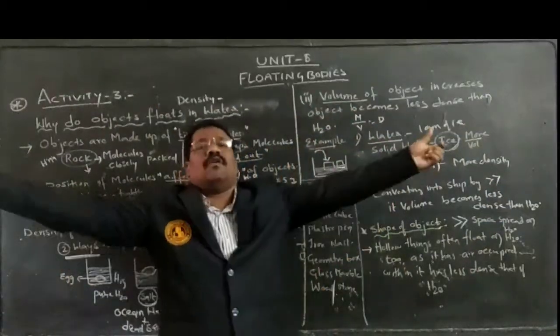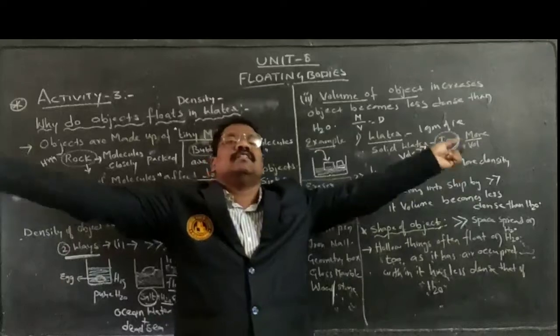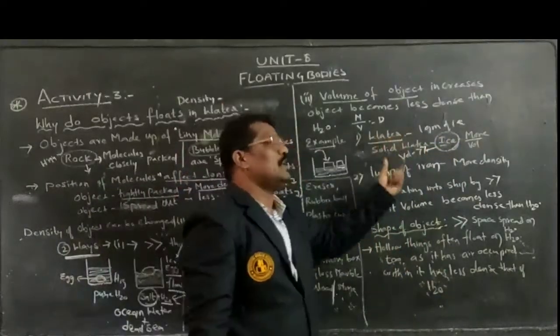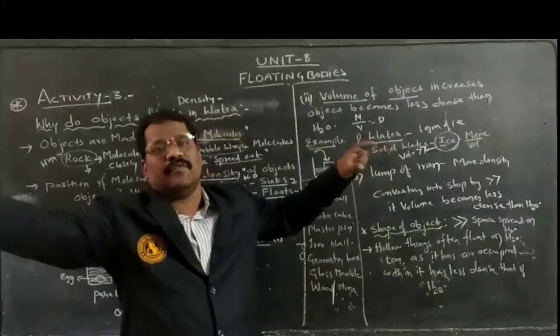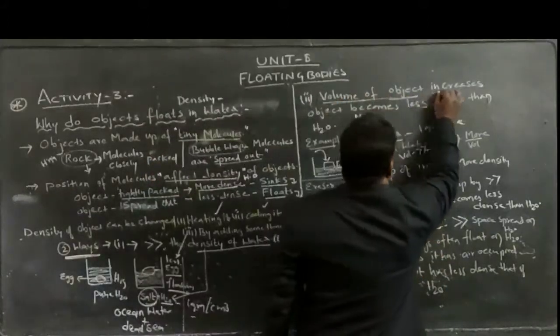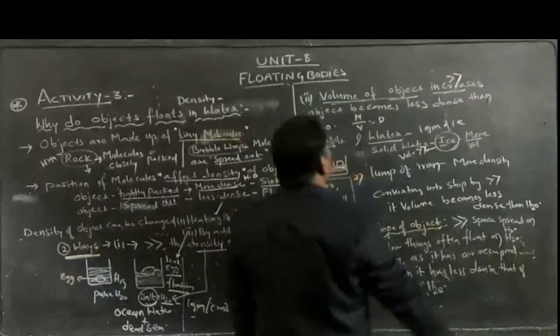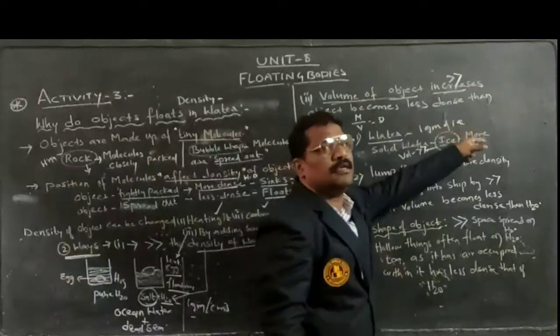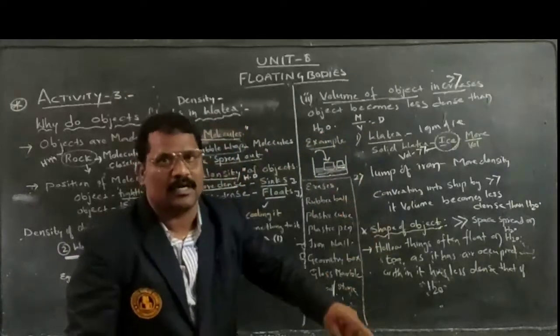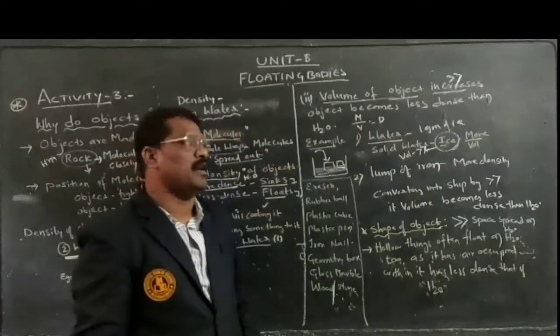As the volume of ice is gradually increasing compared to liquid water, ice floats on the surface of the water. If the volume of an object increases, the object becomes less dense than the water. That is the thing we have to keep in our mind.